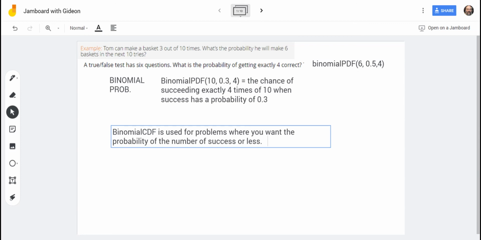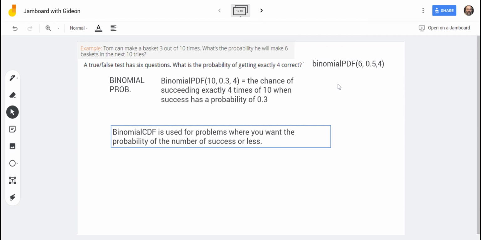Wouldn't it be easier by hand to figure out 7, 8, 9, and 10 correct, and then simply subtract from 1? Yes, you could do that. But in an era where you can use a calculator to instantly compute, you probably don't need tricks like that. You only need tricks like that if you're going to do it by hand with the by-hand formulas, which I don't recommend, but I'm perfectly happy to teach if you so desire.